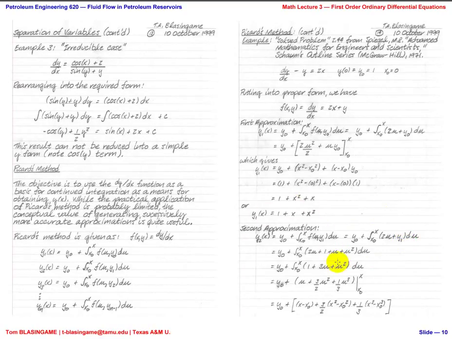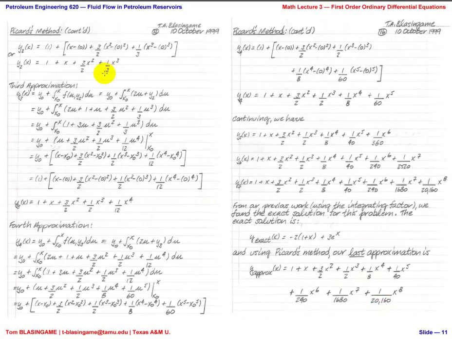So as you can see, in the repetitive process of integrating, you end up with a polynomial expression, right? So here is the third approximation, the fourth approximation, and it goes on. Comparing with the exact solution of this differential equation, you get this expression.